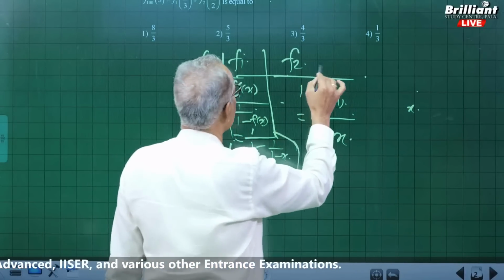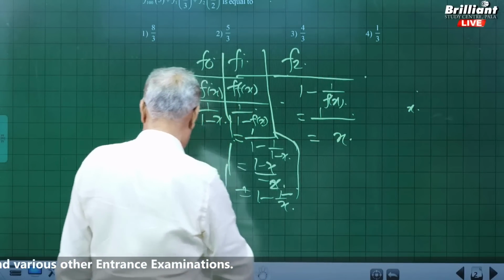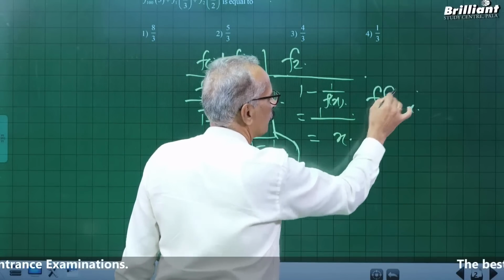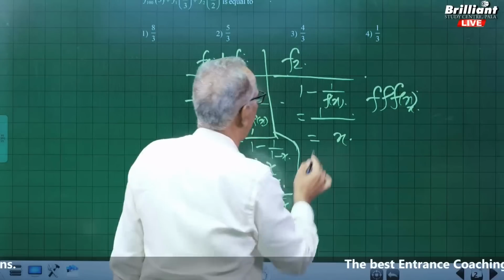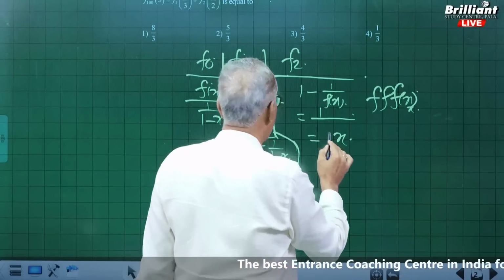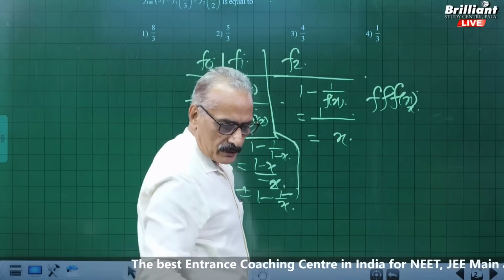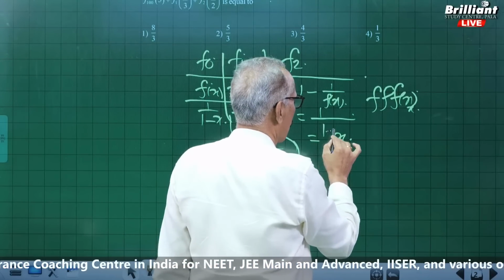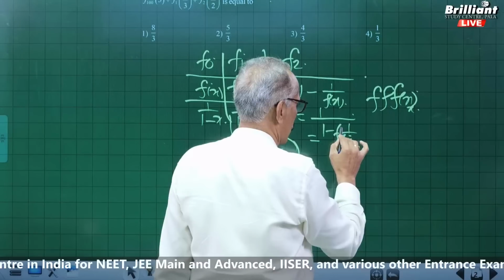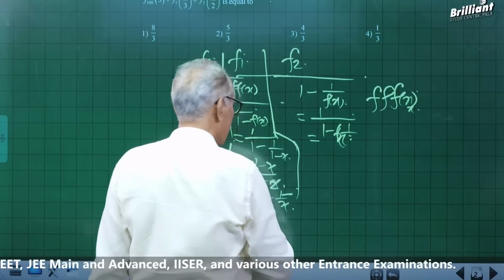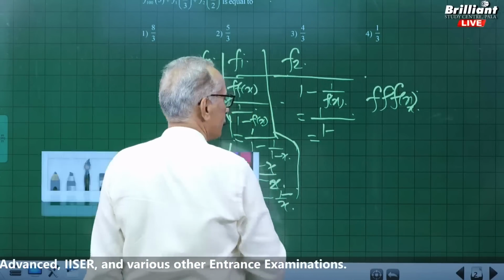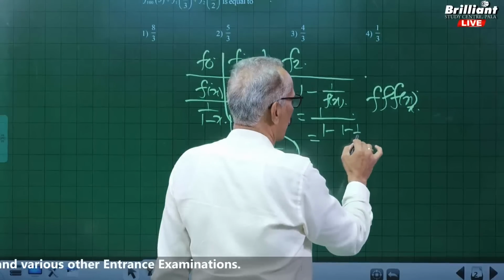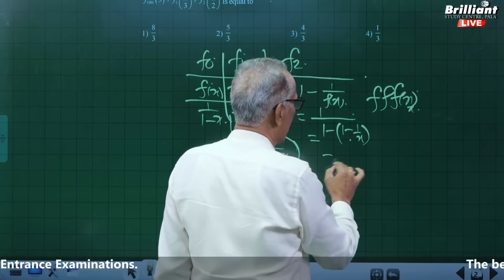And we substitute this in our 1 by 1 minus x, so it will become 1 by 1 minus of 1 by 1 minus 1 by x. So this comes out to be x.